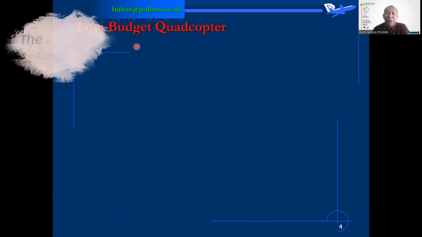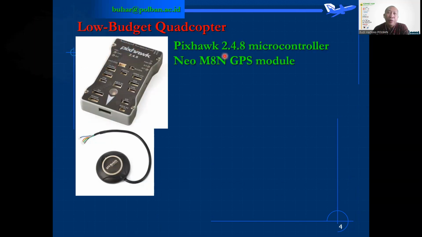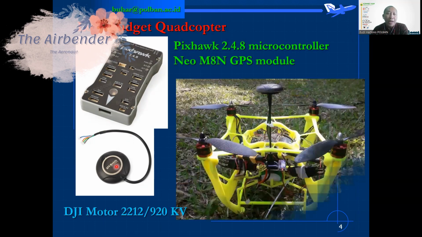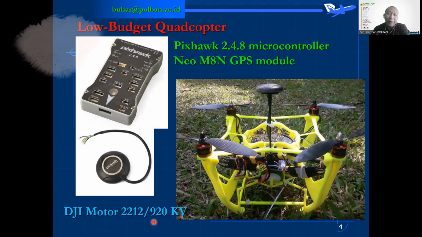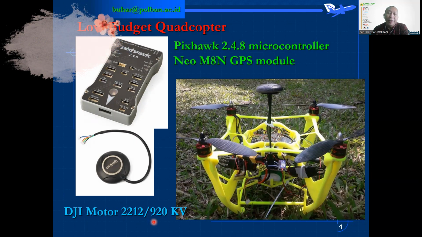Our low-budget quadcopter implemented a FixHop 2.4.8 microcontroller along with a Neo M8N GPS module available on the marketplace. We also use a DJI brushless motor with a rating of 920 kV, which is below the rating of Lakshmanan's motor.